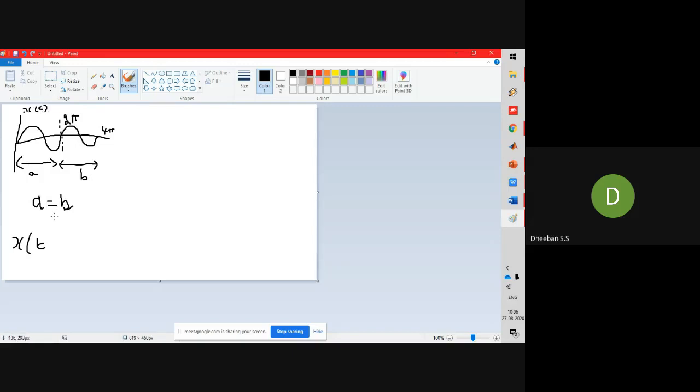Again, you add another time period T, which is this part, and we again get the same periodic signal x of T. That is, x of T repeats itself for the same time period. So x of T repeats for 2 pi, in the next 2 pi also you will have the same value, and in the next 2 pi, that is at 6 pi, also the same value. So then it is a periodic signal.